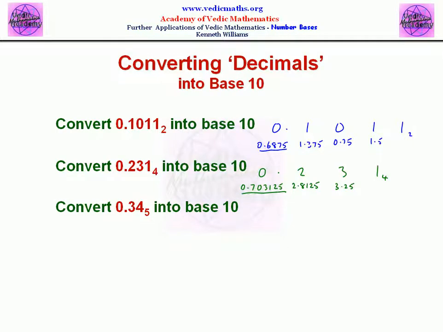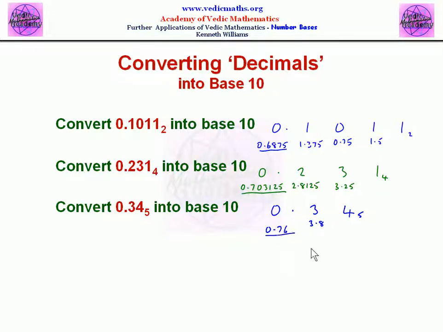Now we can convert 0.34, a base 5 number, into base 10. So 0.34 in base 5, I'll be dividing by 5. So 4 divided by 5 and then add on the 3. 4 divided by 5 is 0.8, so I get 3.8. 3.8 divided by 5 is 0.76, so I get 0.76.